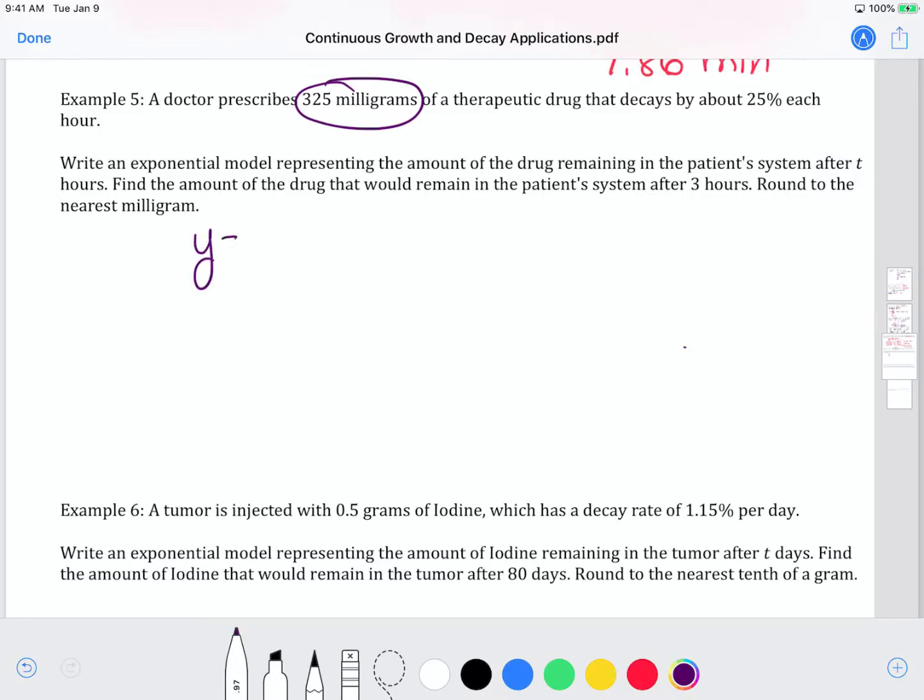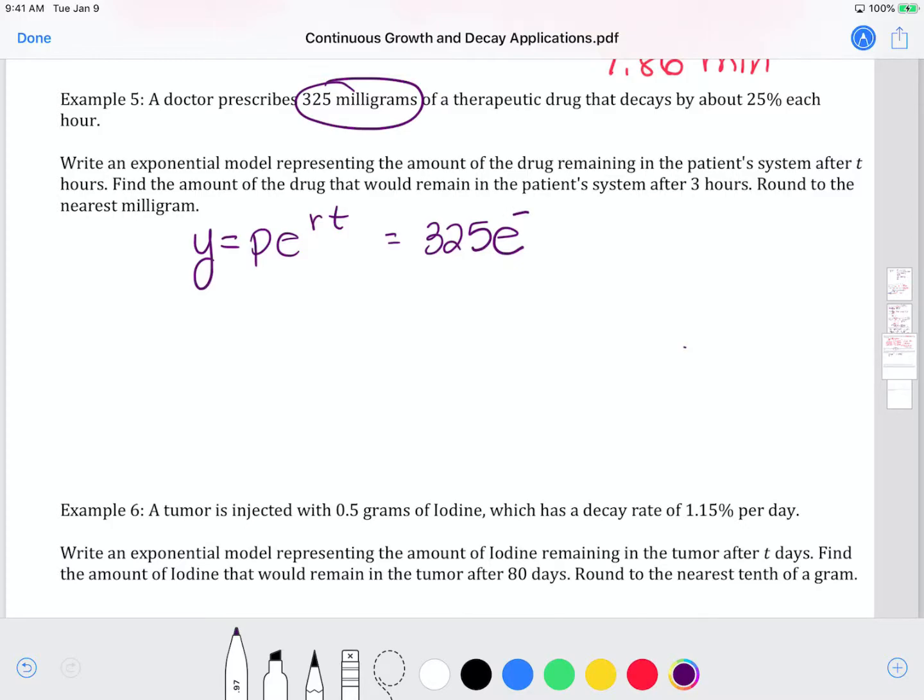So if we use this model, P is going to be our initial amount. And we have e to the power of r, where r is our rate. Because it's decaying, we want to make sure we have a negative 0.25. Our rate is 25%, but it's decaying by 25%.